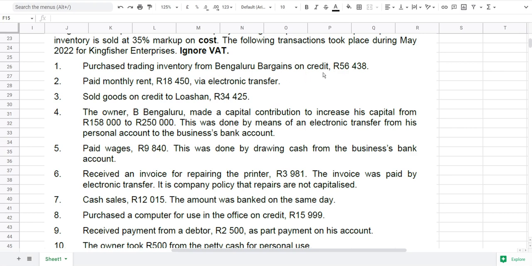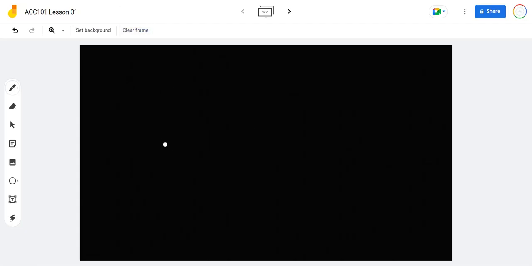So we went to this shop called Bengaluru, and we bought stock worth 56,438, on credit.